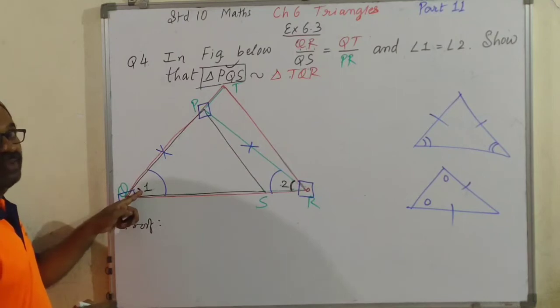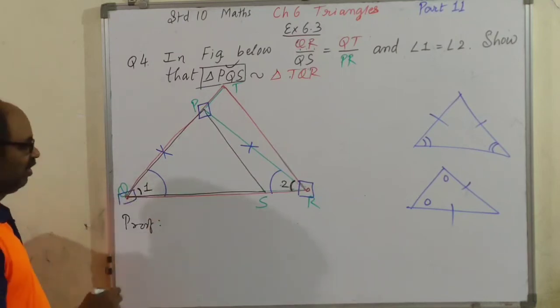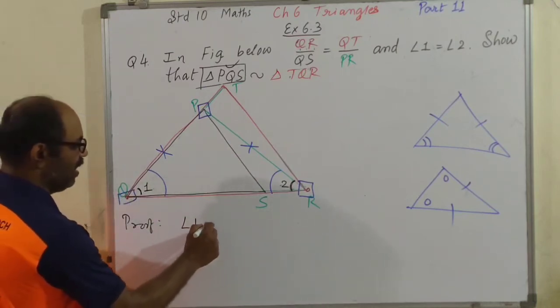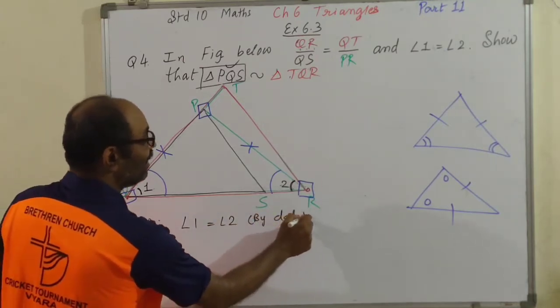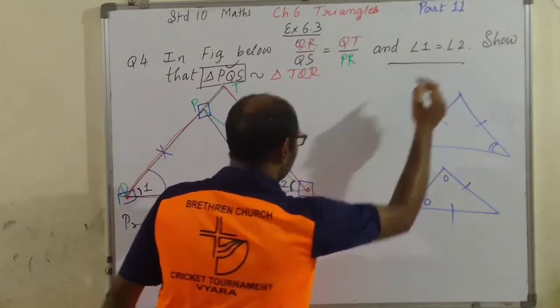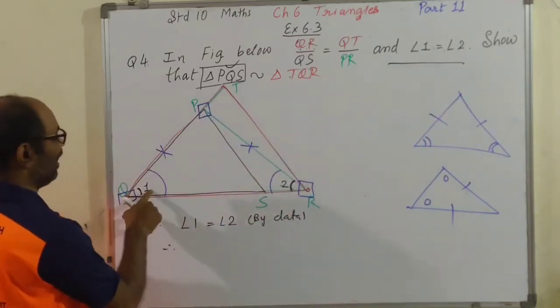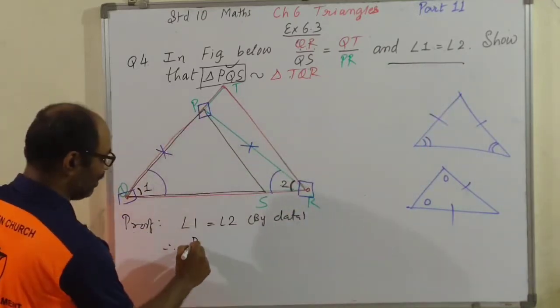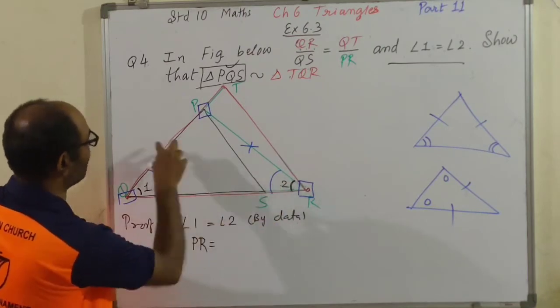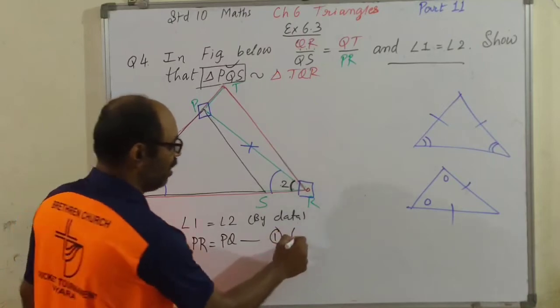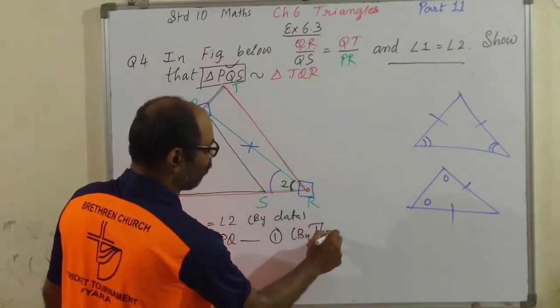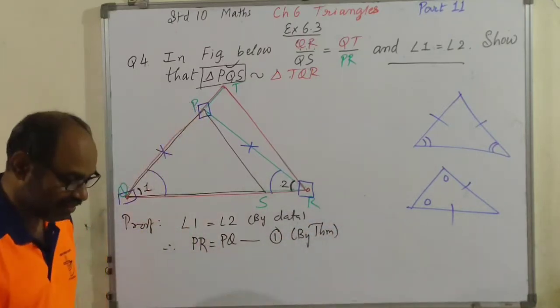First, I'll start with angle 1 equal to angle 2 by data. Data से मिला. Therefore, angle 1 के सामने PR is equal to 2 के सामने PQ. Call it result number 1 by theorem of standard 9.